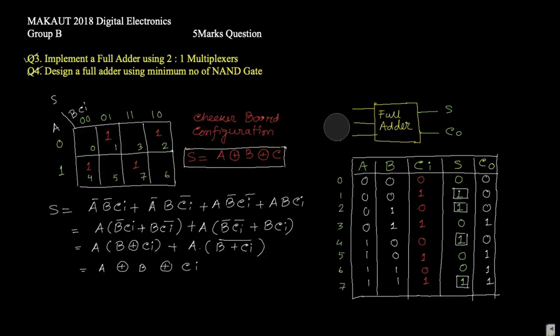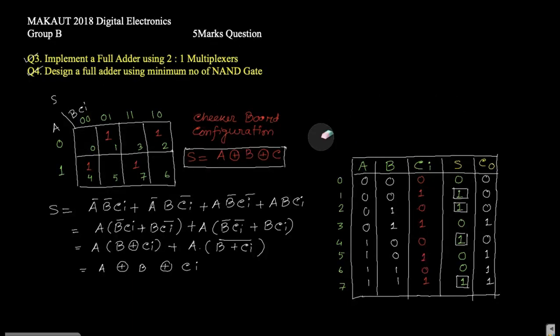We can erase this adder also. Then we can make the adder circuit from the C expression. So again we can draw one Karnaugh map. This Karnaugh map is the calculation for C output.